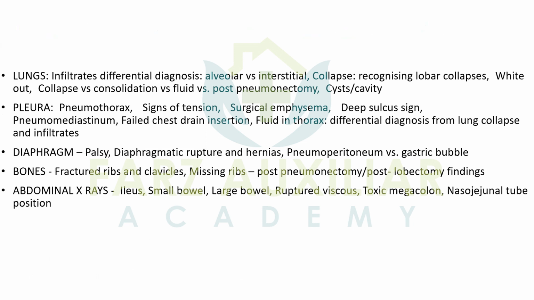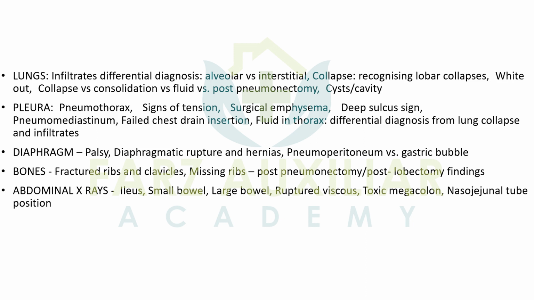Then in lungs: alveolar versus interstitial, collapse, recognize lobar collapse versus consolidation, fluid versus post-pneumonectomy, cyst cavity. In pleura: pneumothorax, surgical emphysema, deep sulcus sign, pneumomediastinum, flail chest, fluid in the thorax, diaphragmatic palsy, diaphragmatic rupture, pneumoperitoneum versus gastric bubble.